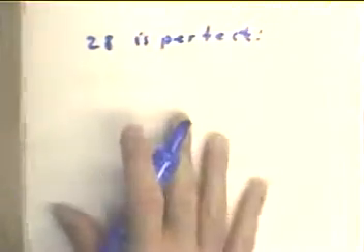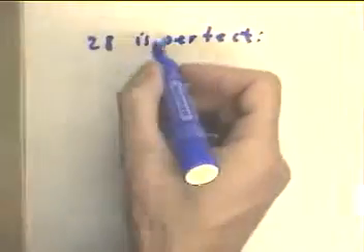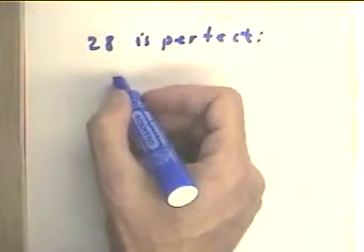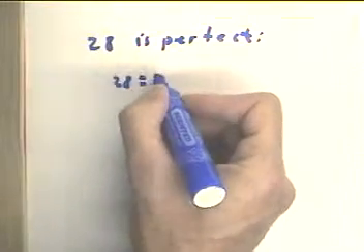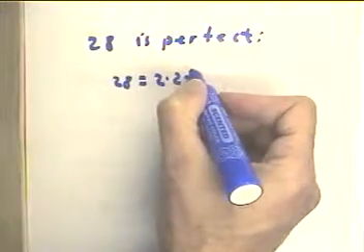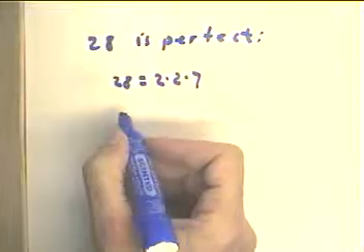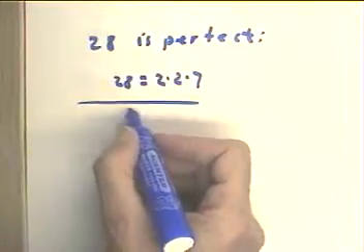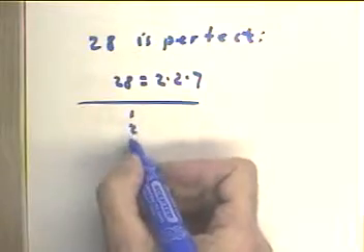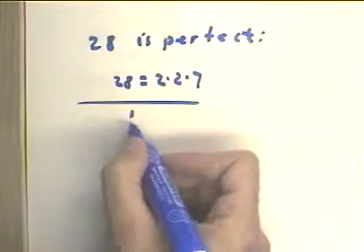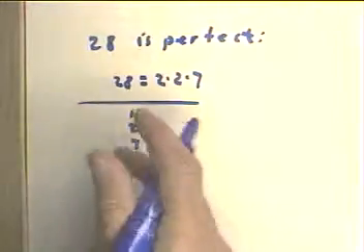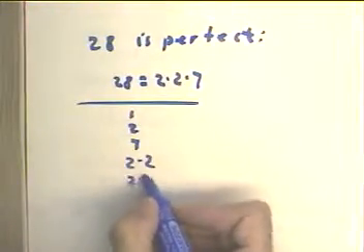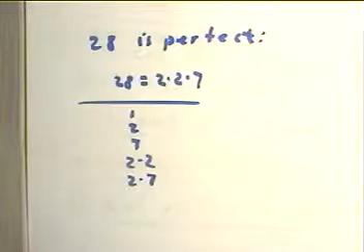And your book kind of gives this one away, so I'm not going to tell you anything that you were asked to find out for yourself. But 28 is 2 times 2 times 7, so the divisors are 1, 2, 7. The 2 and 7 are the one factor divisors. And then we're going to have 2 times 2 or 2 times 7. Those are two factor divisors.